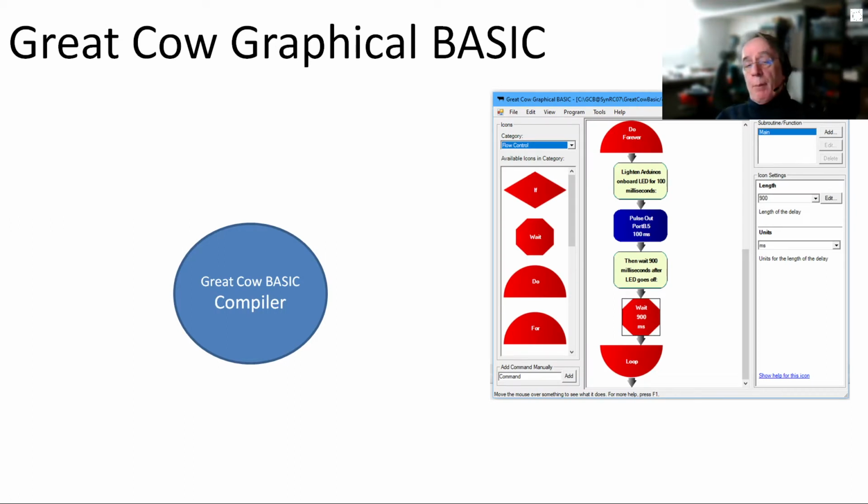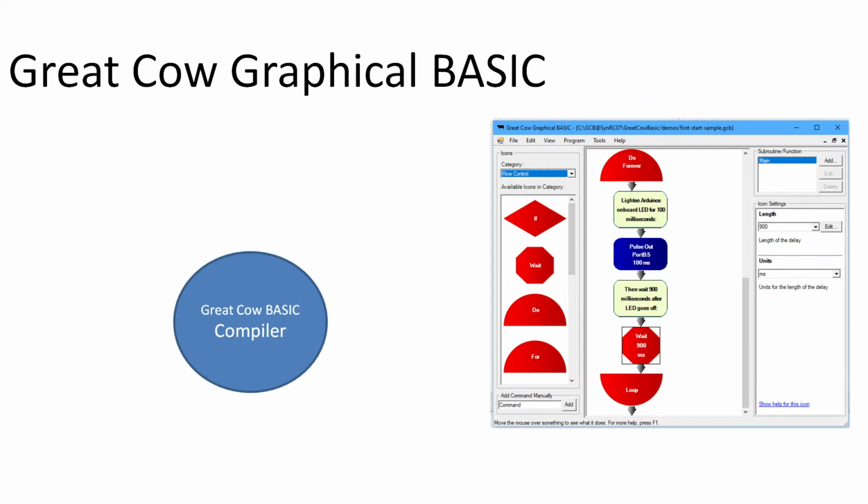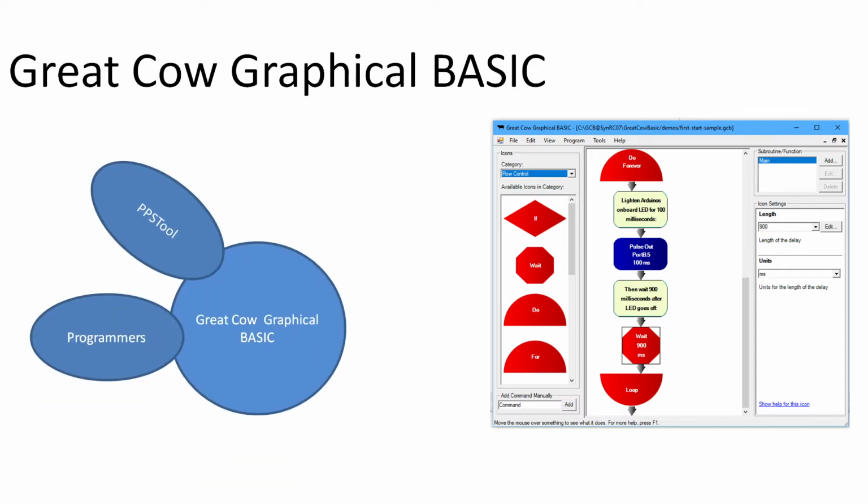Now, Graphical BASIC also comes with a Graphical BASIC, which is a drag and drop. You can see on the screen there. It is for educational purposes, and it gets you into programming. It's extremely simple. You get all the standard logic of flow control and assignments. You get the UI itself, the user interface.